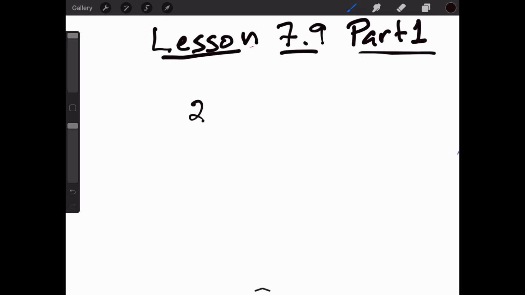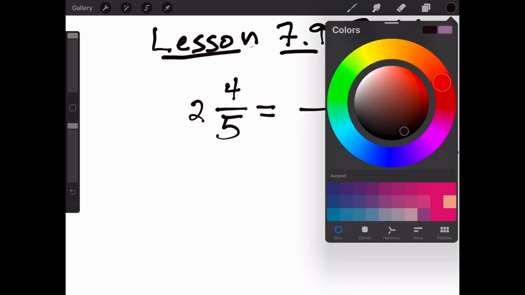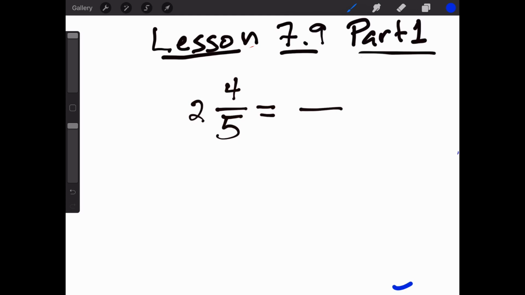Let's do 2, and let's do 4/5. Okay. Now remember, I'll do it in blue this time. Remember that your denominator stays the same, so you can bring it straight over. Okay. Step 1 is 5 times 2.